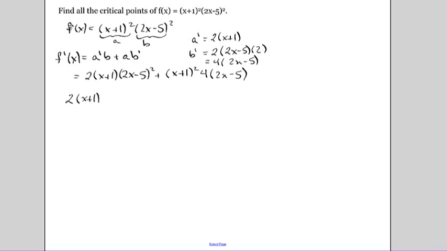Now we need to set this equal to 0 and solve for x. To solve for x, I'm going to factor common factors from both terms.